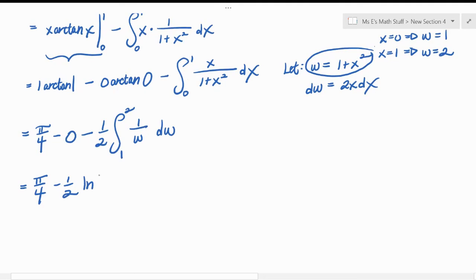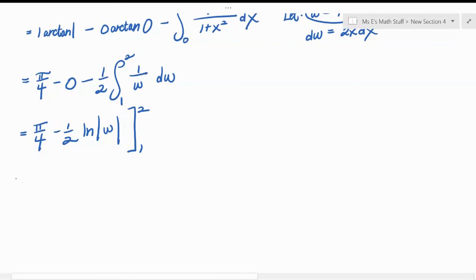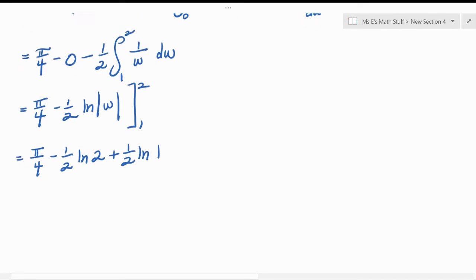Okay, all right. So then we'd have natural log of the absolute value of w from 1 to 2. And since 1 and 2 are in terms of w, there's no need for me to put that back in terms of x. So I'd have 1/2 natural log of absolute value of 2, which is 2. And then make sure you subtract the lower bound, so I'd actually end up with plus 1/2 times the natural log of 1.